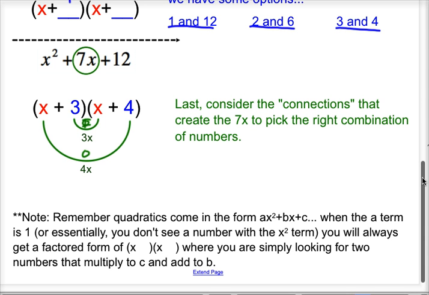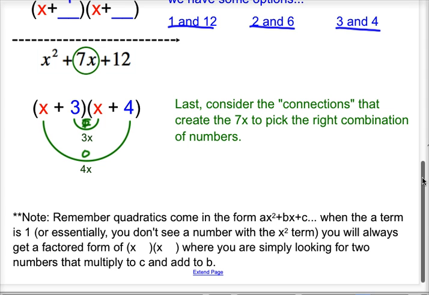And so obviously when we choose the 3 and the 4, 3 times 4 gives us 12. And then when we make those connections, 3x and 4x adds up to the 7x when we combine those like terms. So I hope you recall what that factoring looks like, how we piece it together.